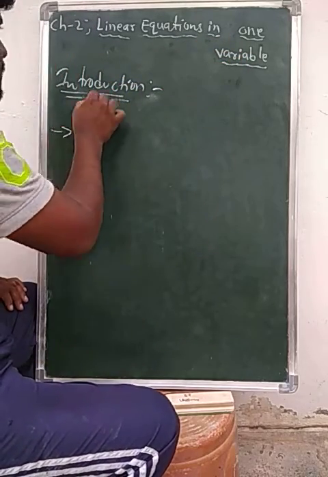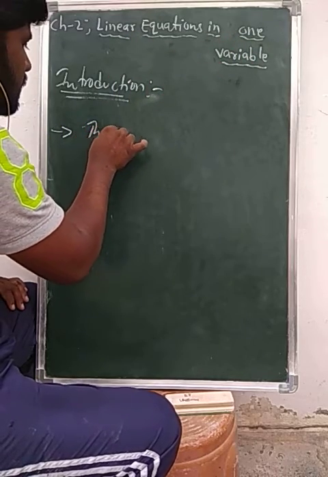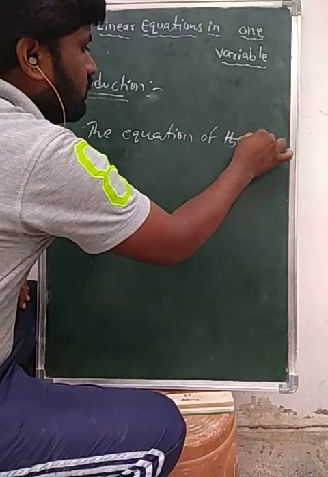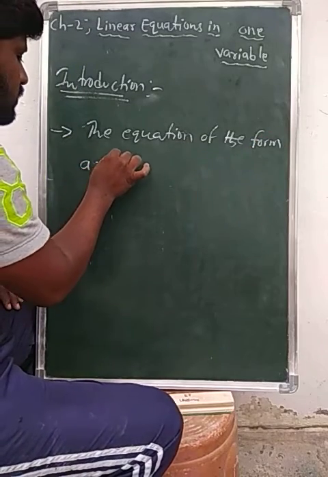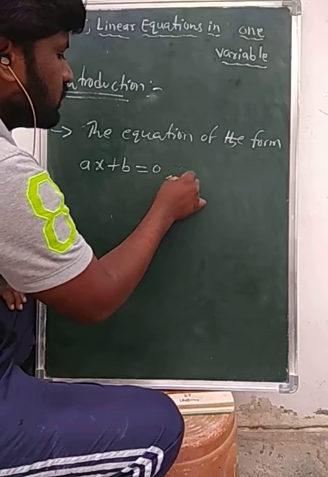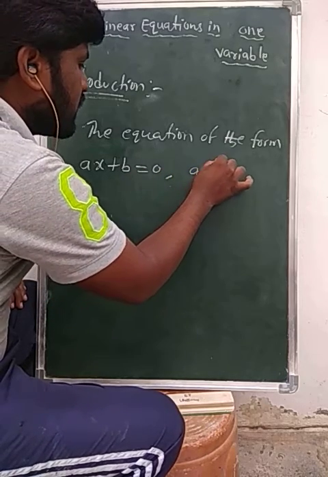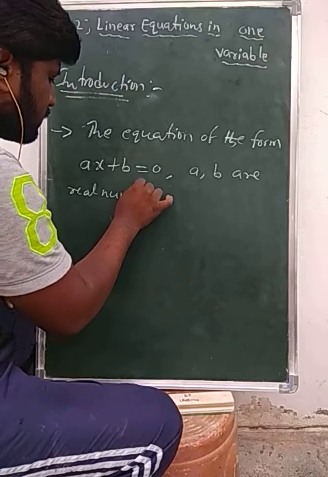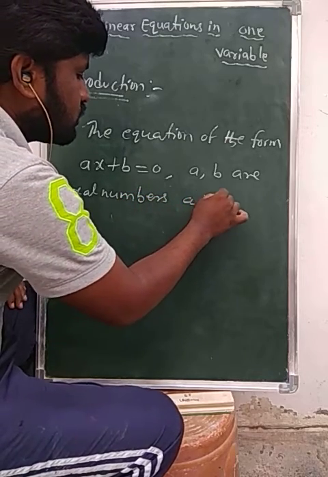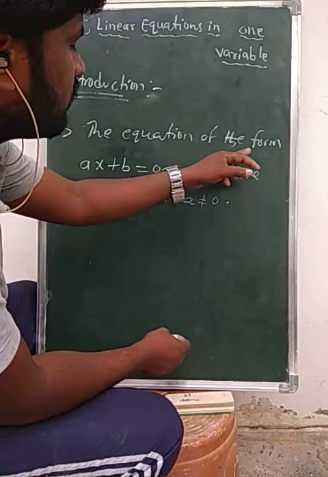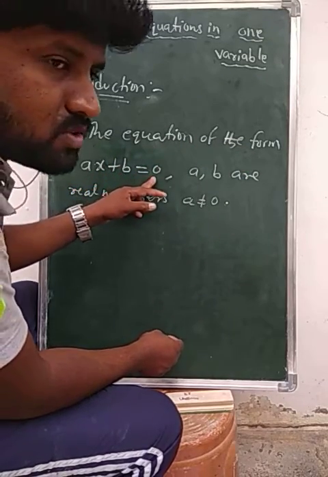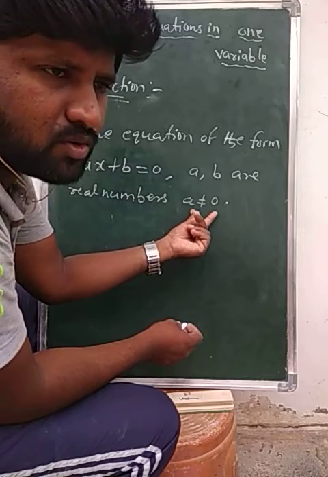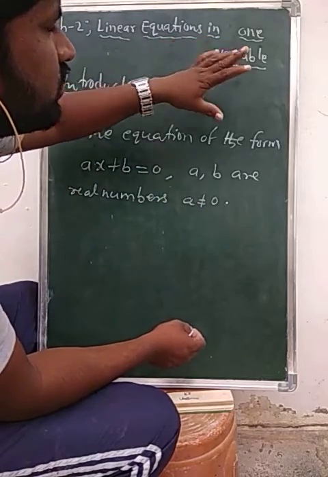First of all, what is a linear equation in one variable? The equation of the form ax plus b is equal to 0, where a, b are real numbers and a not equal to 0, is called a linear equation in one variable.